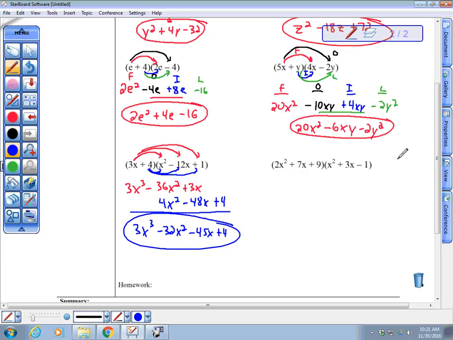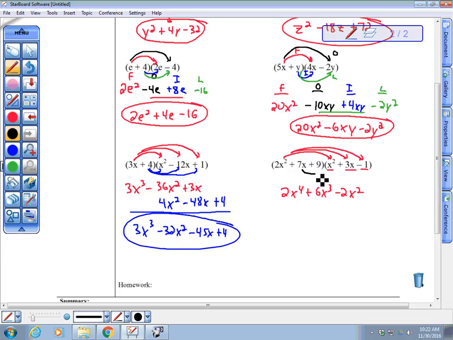Last one, a trinomial times a trinomial. That is going to be distribution of the trinomial 3 times. So in red, 2x squared multiplied by all 3 terms. That's going to be 2x to the 4th plus 6x cubed minus 2x squared.